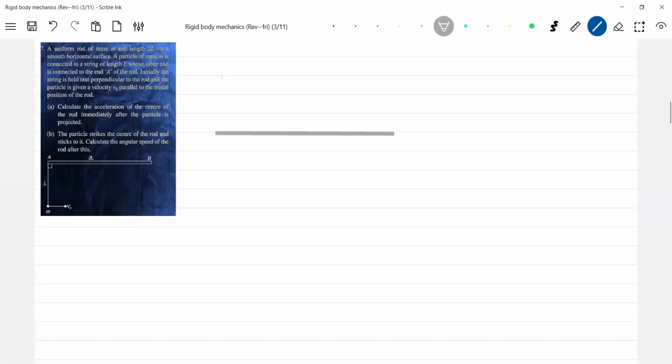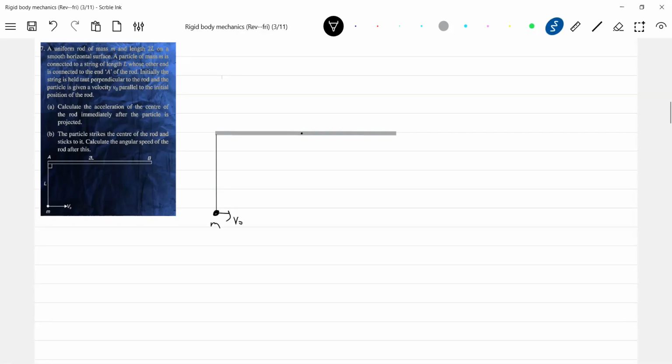I have a string. Half of the length, yeah, it'll go to half of the length. Here we have a particle.